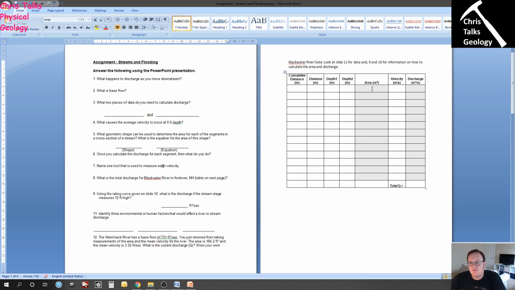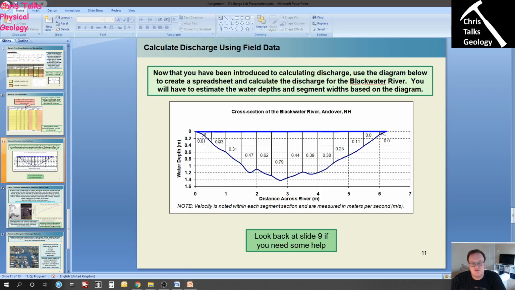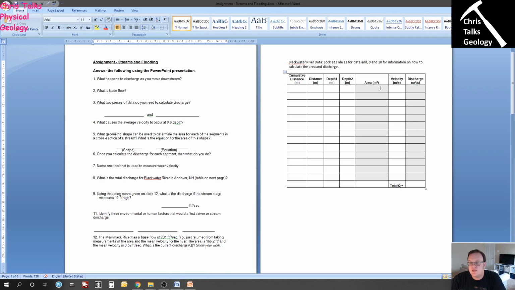Once you have your area, you take your velocity value, which is being given to you on the diagram for each of the cells. And then you take your area, you take your velocity value, multiply the two together to get your discharge. Your total discharge is simply all of these values added together.